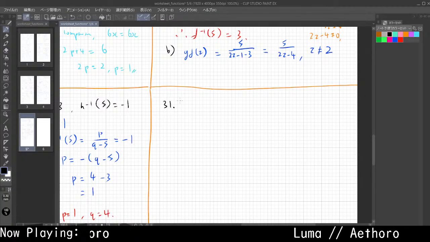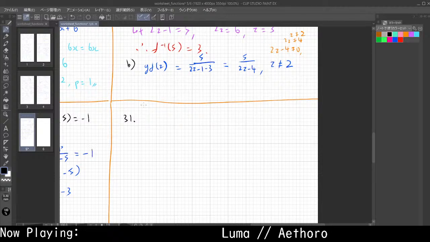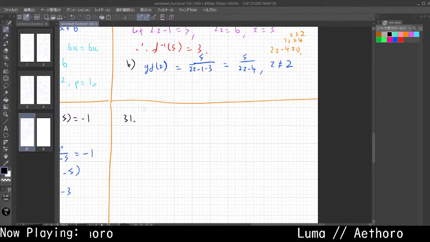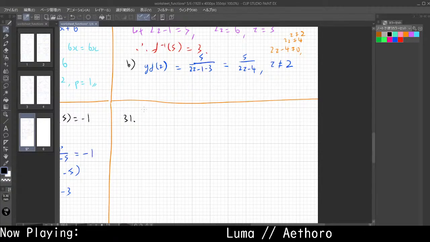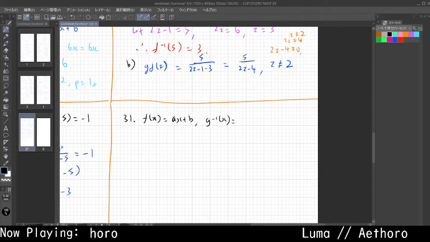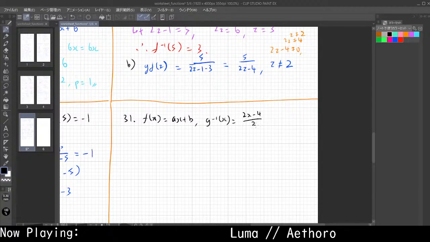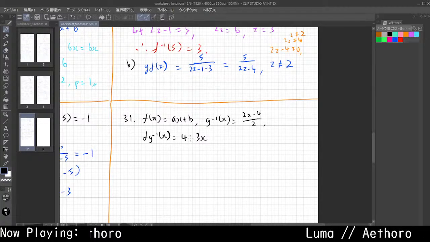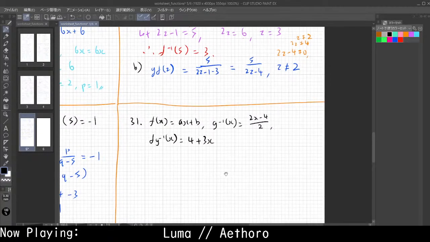Okay, 31. Given f and g inverse, find the values of a and b.